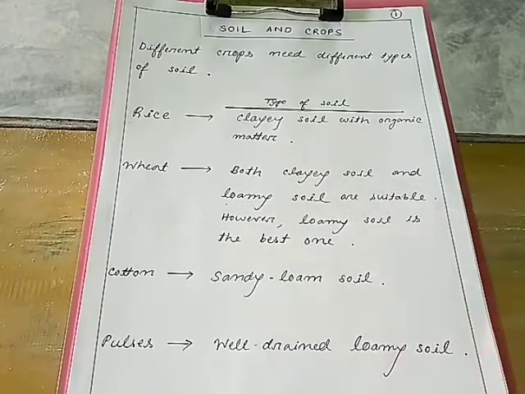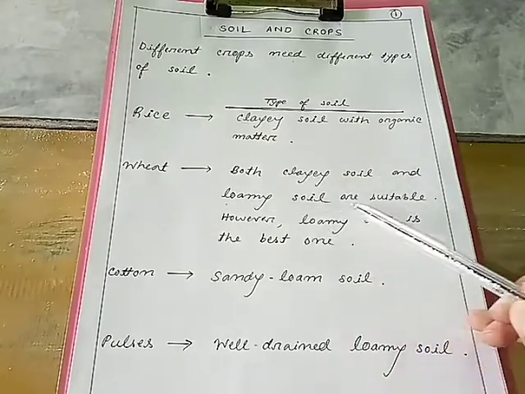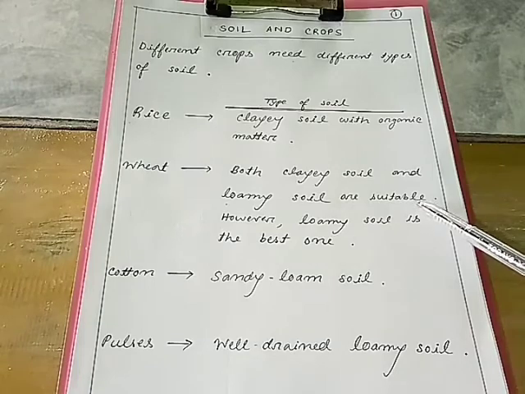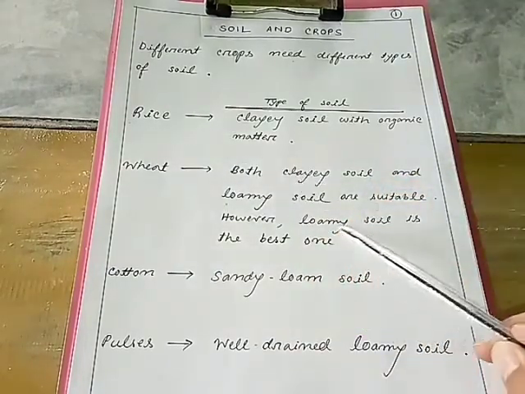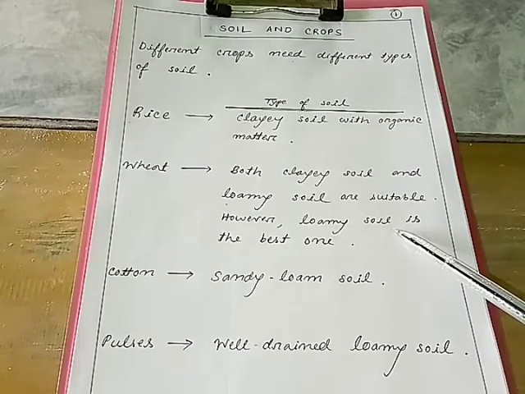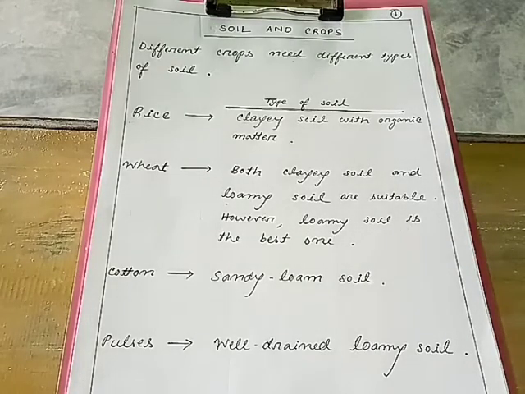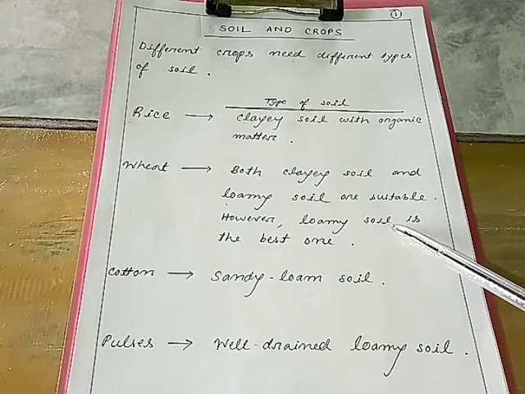So that is why both clay soil and loamy soil are preferable to grow wheat. However, loamy soil is the best one because loamy soil is the most fertile soil.